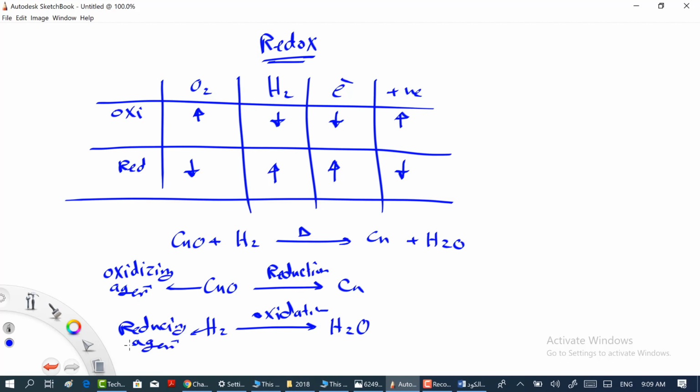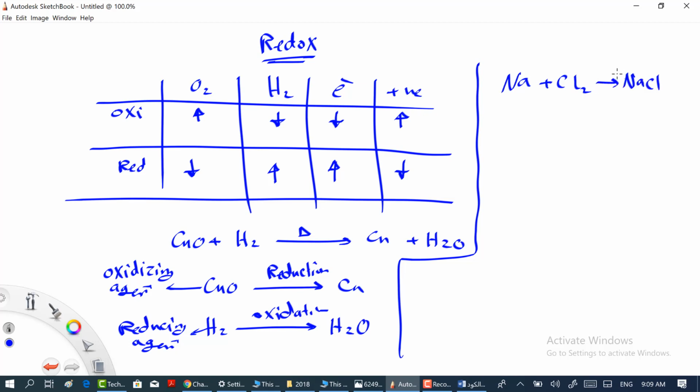But if we are going to talk about transferring electrons, like sodium reacting with chlorine, it will be NaCl. In this time, we'll find Na, a neutral atom, changes into Na positive 1, and the Cl2 changes into 2Cl. For the balancing, it will be 2Na ions, and Cl2 will be 2Cl, 0 to negative 1.